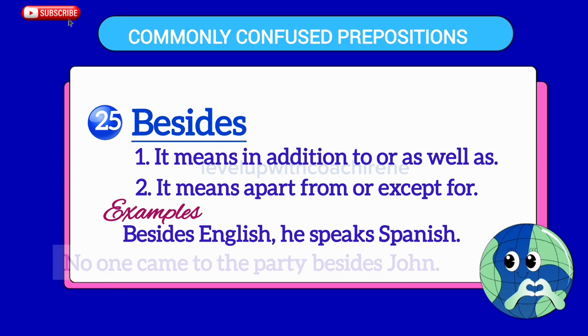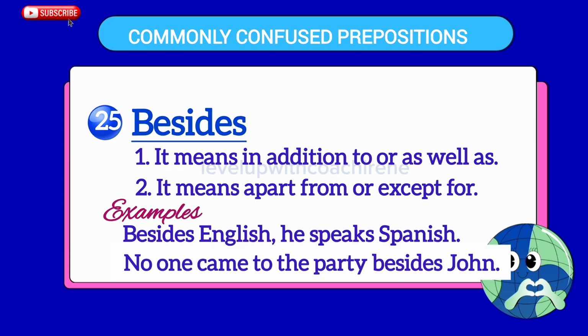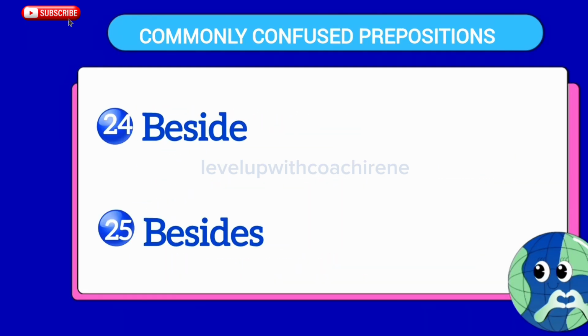For example, no one came to the party besides John, meaning that John was the only one who came. No one else did. The key difference between them is that beside refers to physical location, whilst besides refers to addition or exception.